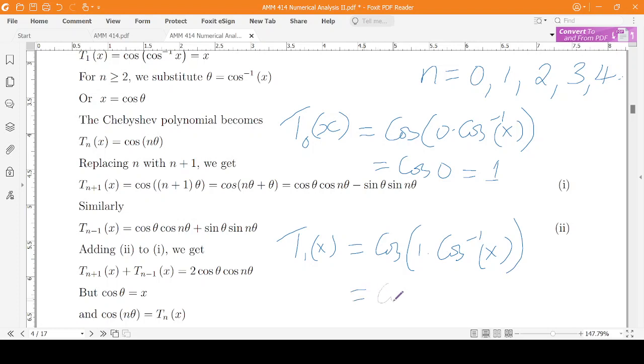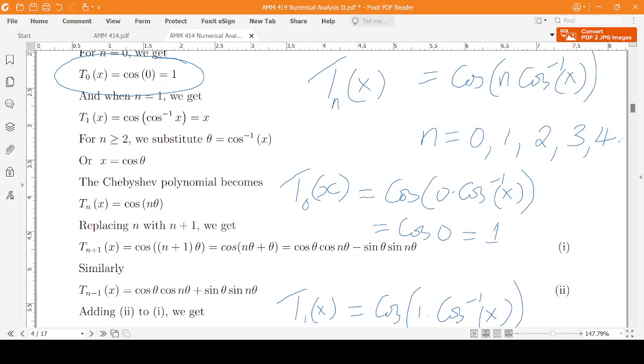This is the same as writing cosine of cos inverse of x, which is equal to x. Cosine of cos inverse of x is a composition of a function and its inverse, which will give us an identity. So we get x. So T1 of x is equal to x, as we have here.